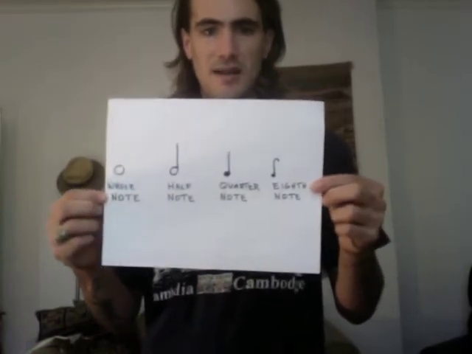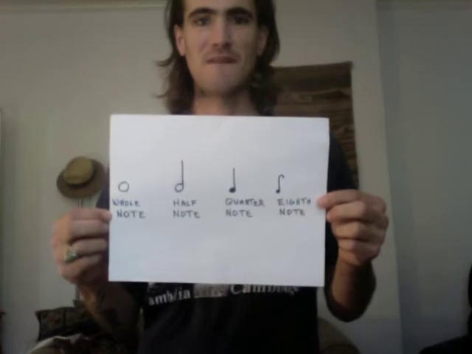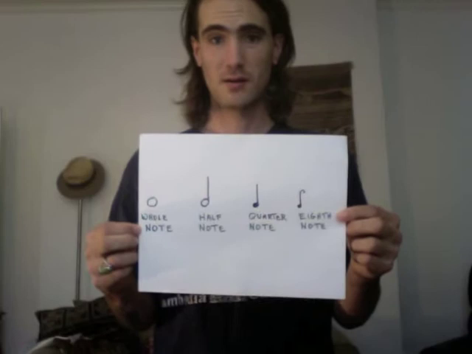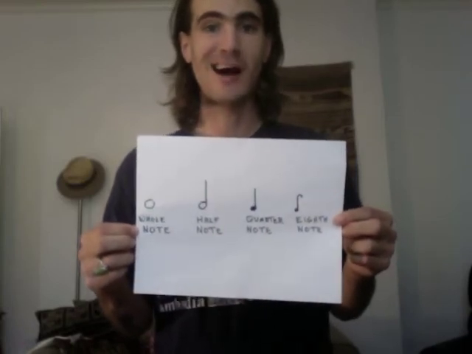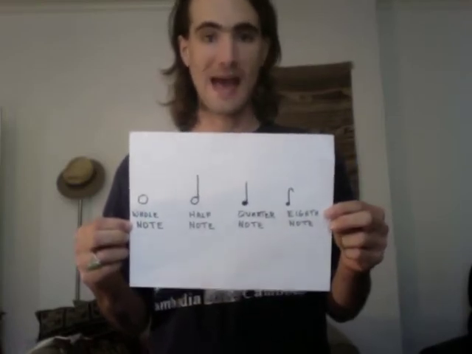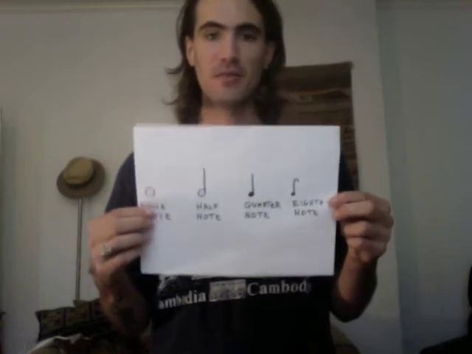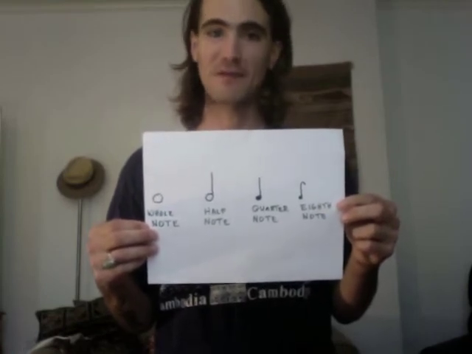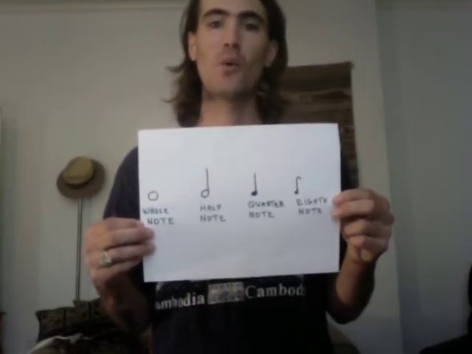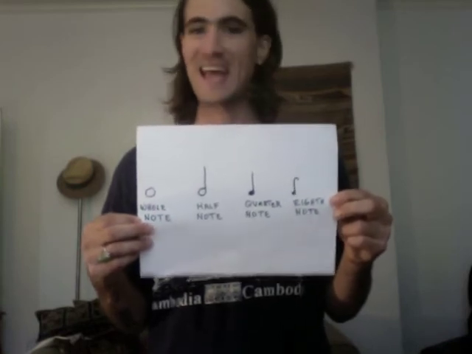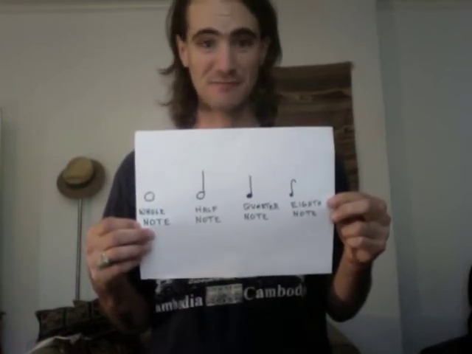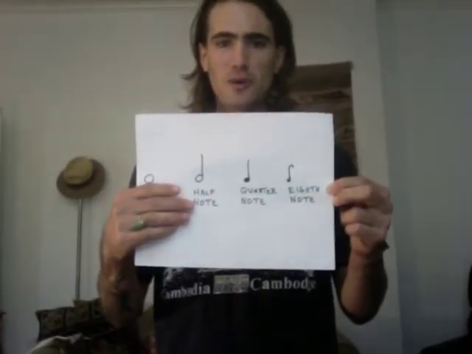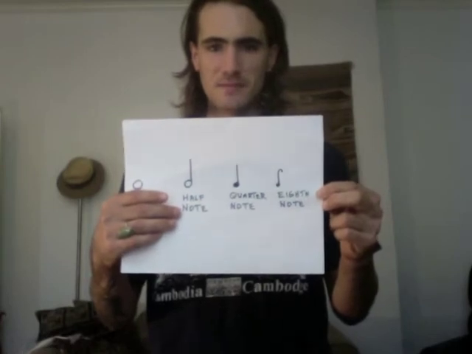The notes have different values, like the numbers 1, the fraction a half, 1/2 of a whole, the fraction a quarter of a whole, or a half of a half, or an eighth of a whole, a half's half's half. A whole note has two half notes inside of it.